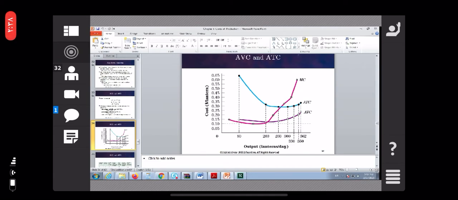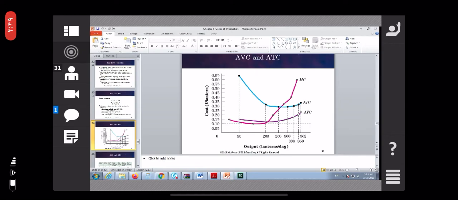From here, we make profit. In this area, we make profit. Between the average costs, you should not produce, you have to get off the market.